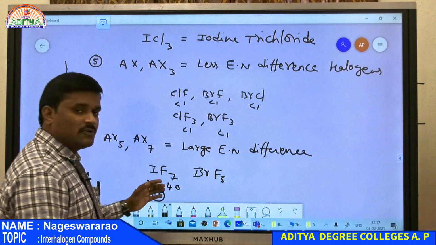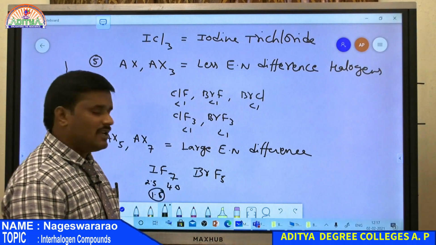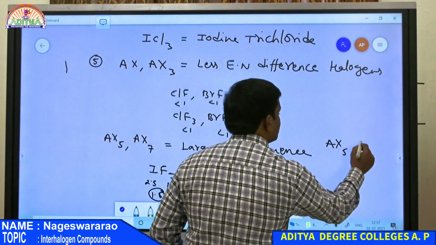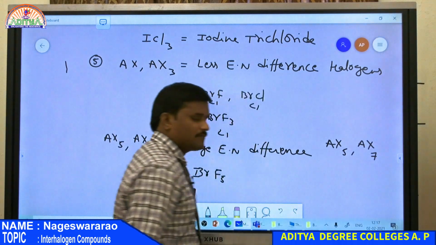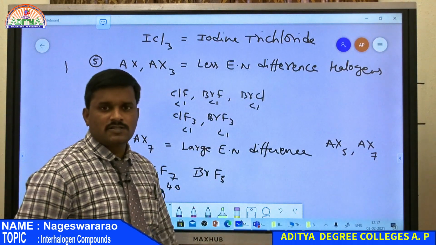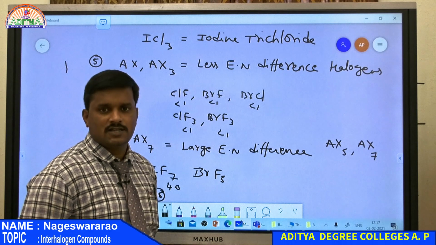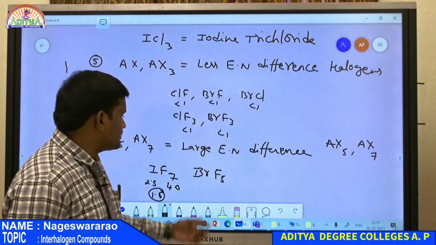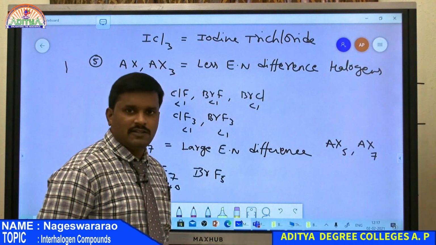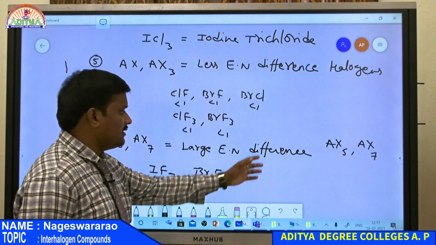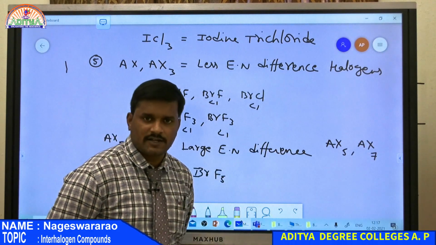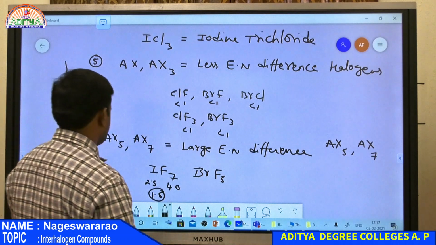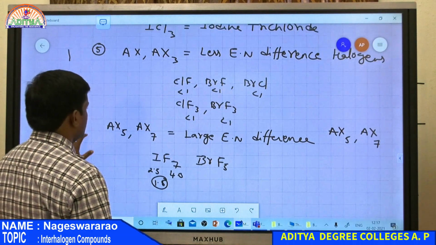As the electronegativity difference increases, halogens form either AX5 type or AX7 type interhalogens. So only two cases: if there is a small electronegativity difference between the halogens, then they form either AX type or AX3 type. Whereas if there is a large electronegativity difference, then they form either AX5 or AX7 type interhalogens. So this is the fifth characteristic property of interhalogens. Next property.